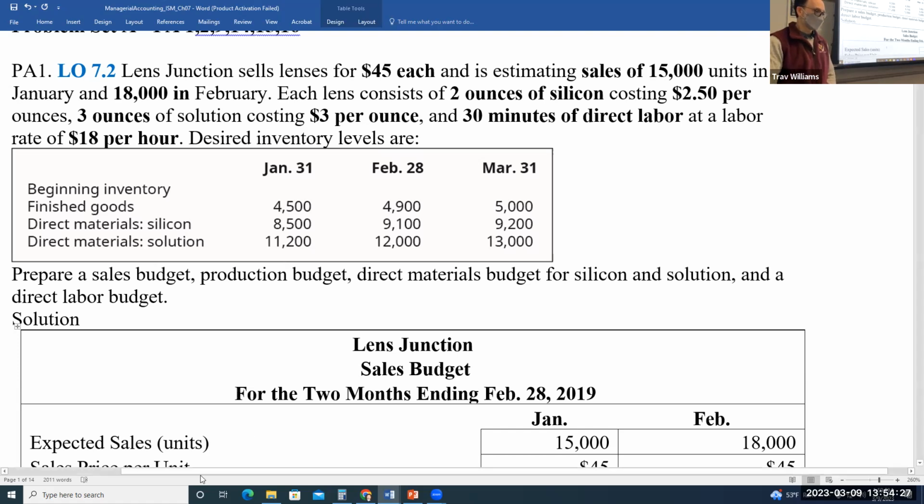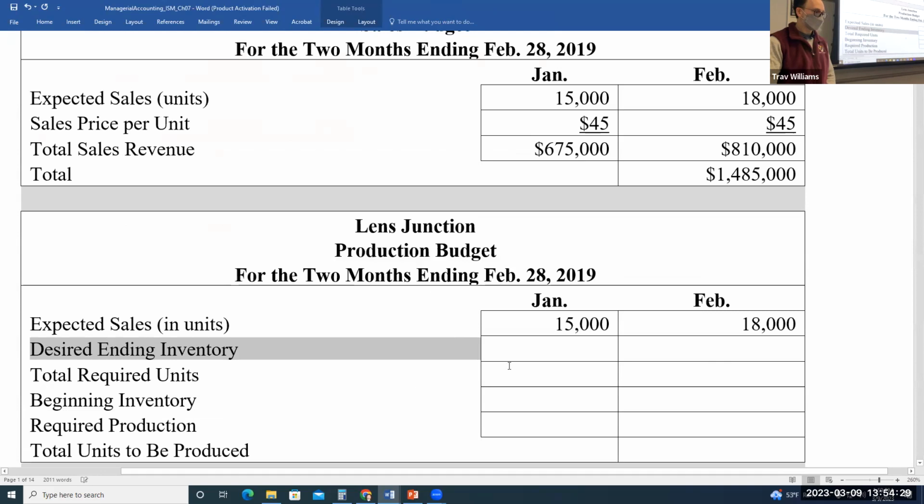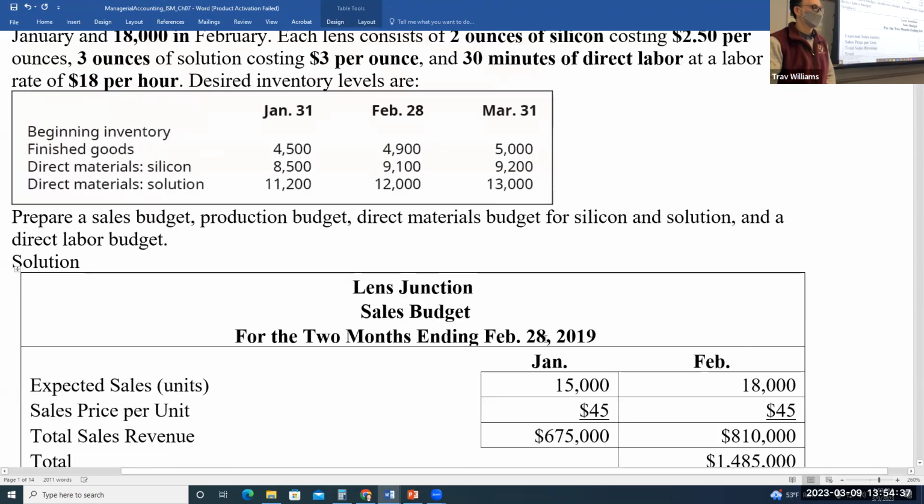Good job, Ellie. So first, we want desired ending inventory in January would be beginning inventory in February, right? So beginning inventory, February, finished goods is 4,900.